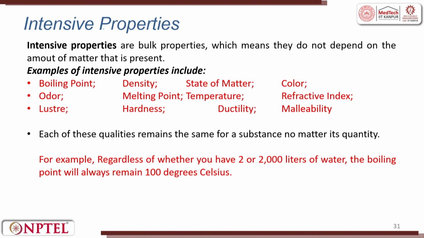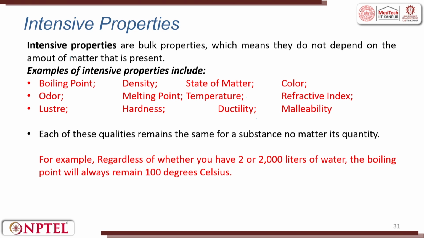Okay. Intensive properties are bulk properties, which means they do not depend on the amount of matter that is present. For example, boiling point, odor, luster, density, melting point, hardness, state of matter, temperature, ductility, color, refractive index, malleability.